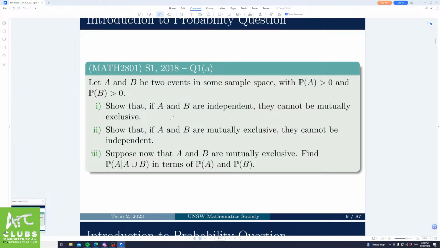Okay, so if A and B are independent, we know that P of A and B is equal to the probability of A times the probability of B. That was one of the conditions for independence. And we know that P of A is positive, we know that P of B is positive, so obviously the product is going to be positive.